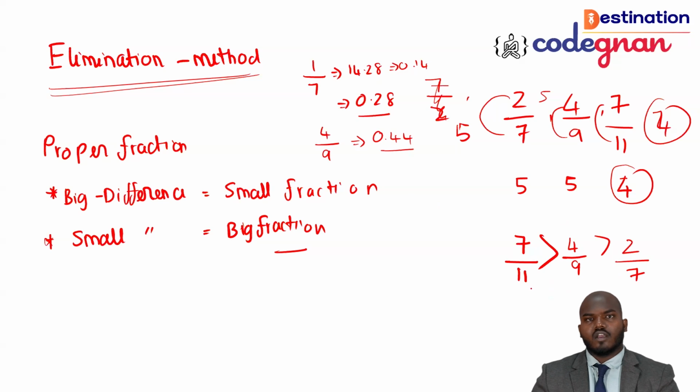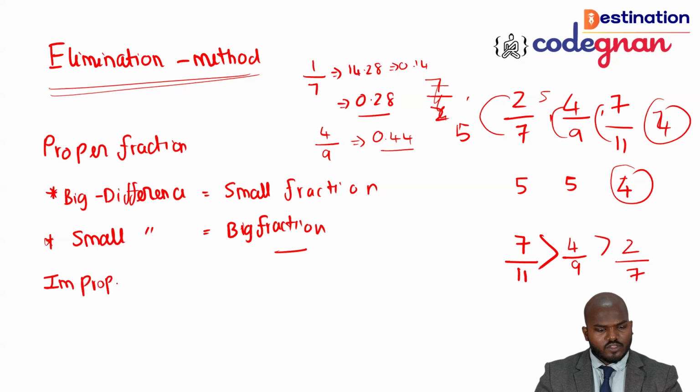So this is how you need to calculate the value with respect to the proper fraction. Improper fraction is totally different, the opposite of the proper fraction. You see this one, improper fraction: if you're getting the biggest difference, we will get the biggest fraction directly.